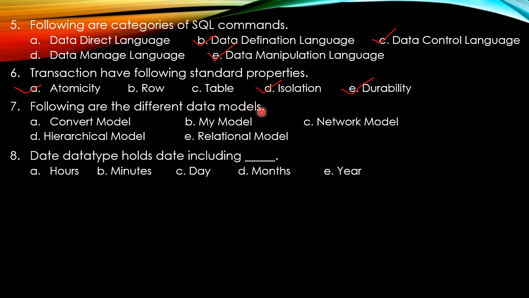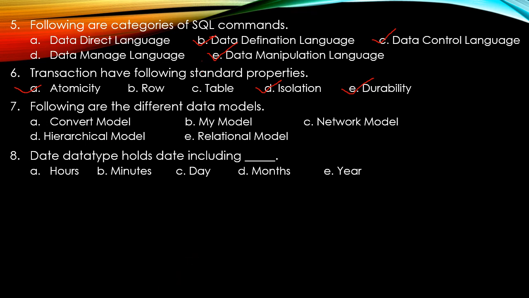Following are the different data models. Which are the different data models? If you remember, in the data models I have told you there are some data models like network model, hierarchical model, and relational model. So from these models, network model is the correct answer, hierarchical model is the correct answer, and relational model.